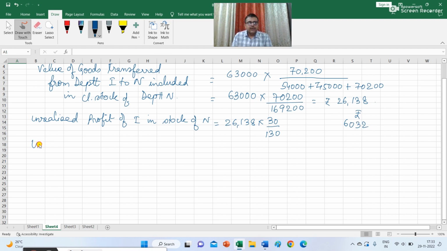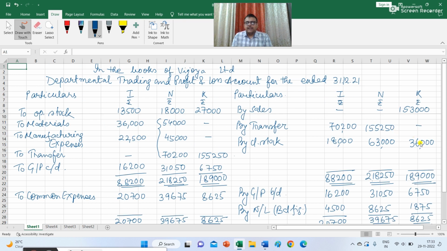Then the unrealized profit of N in stock of K. So you will find that 36,000 is the closing stock of Department K and there was no outside purchase.